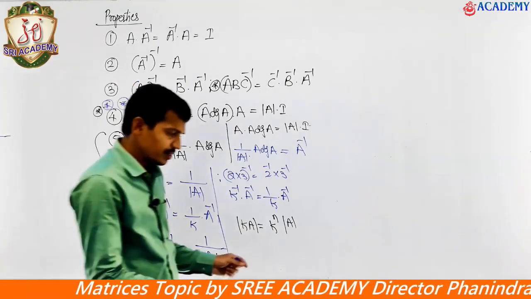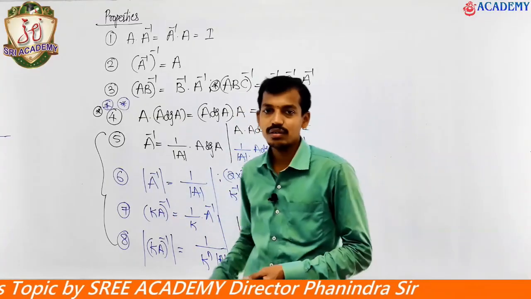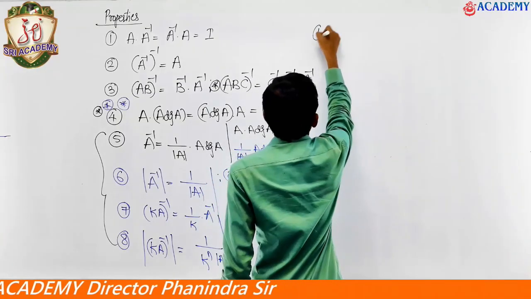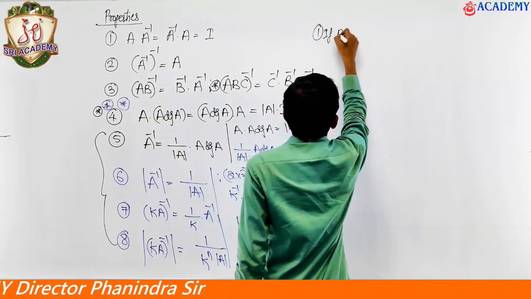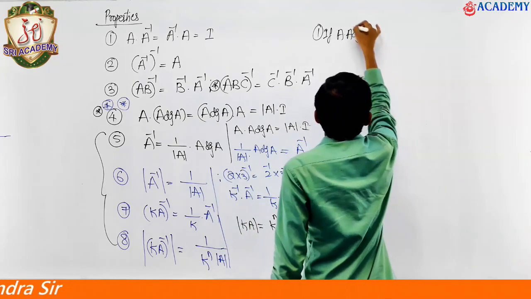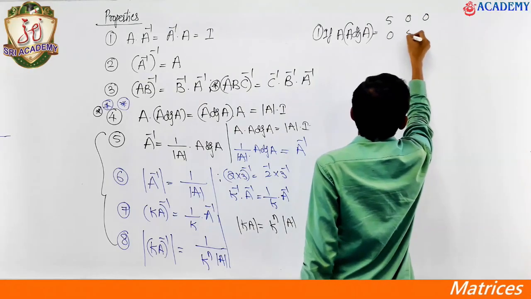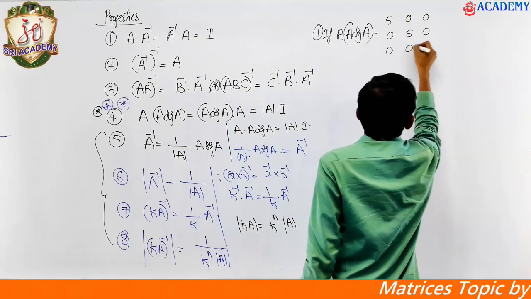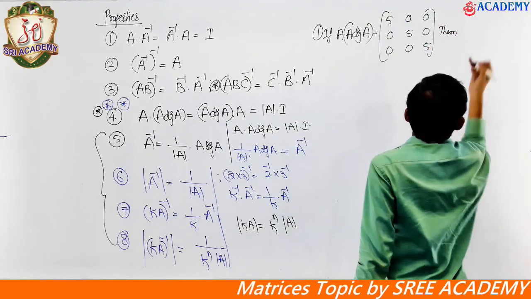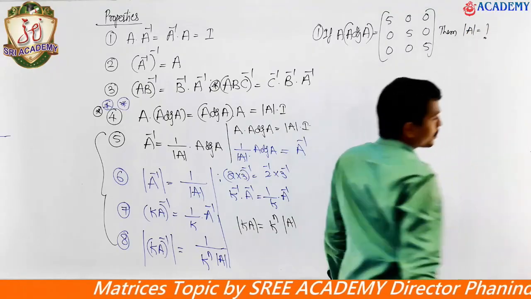Just I am going to give you an example. Based upon these properties you are going to get problems here, right? I am writing one problem here: if A into adjoint of A equals 5 0 0, 0 5 0, 0 0 5, then determinant of A equals what?